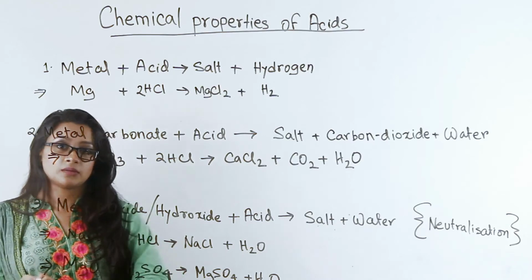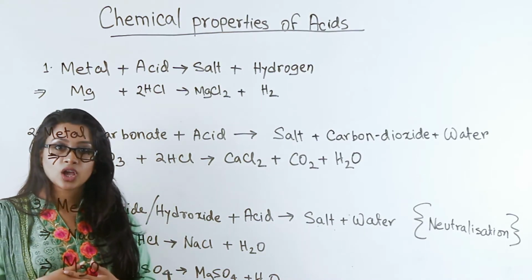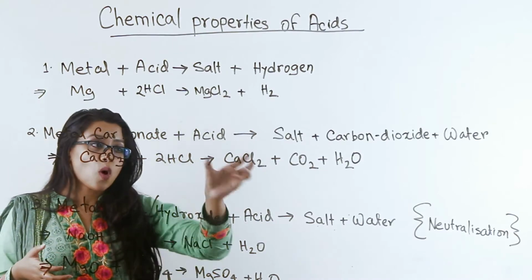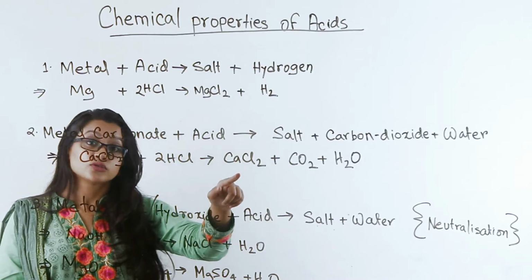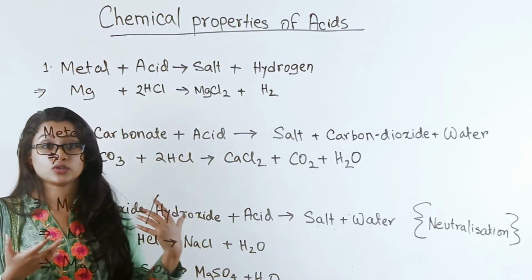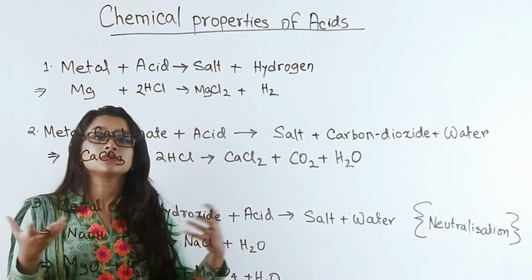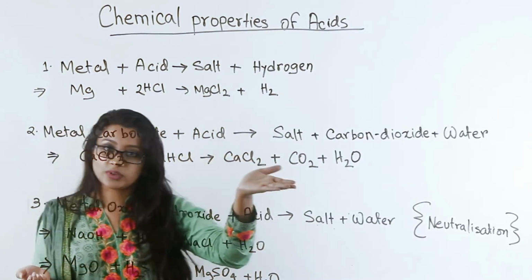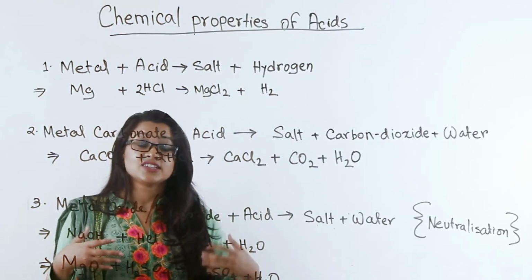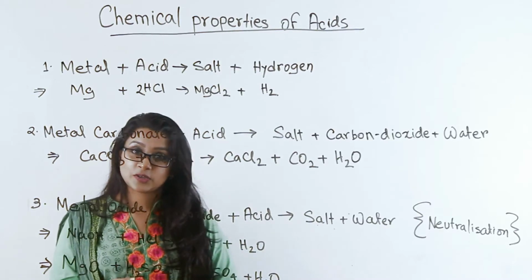So calcium carbonate and hydrochloric acid combine with each other, forming a white solid, which is the salt in this reaction, known as calcium chloride, and it is also forming bubbles of gas as a byproduct. And that gas is carbon dioxide, and it is also producing water, as we can see in this equation.